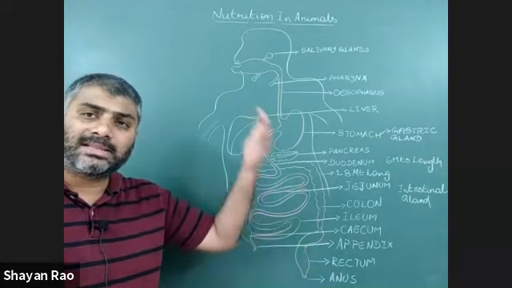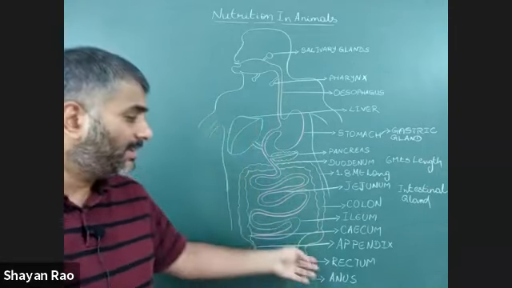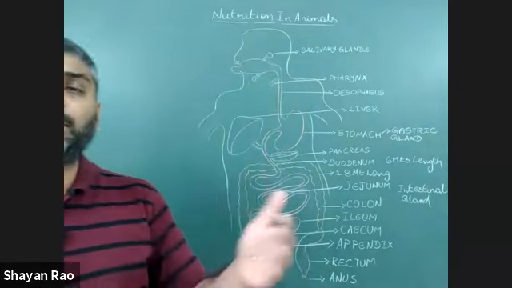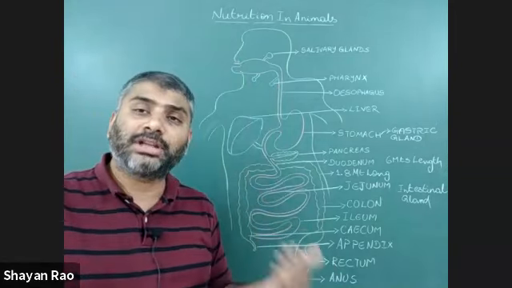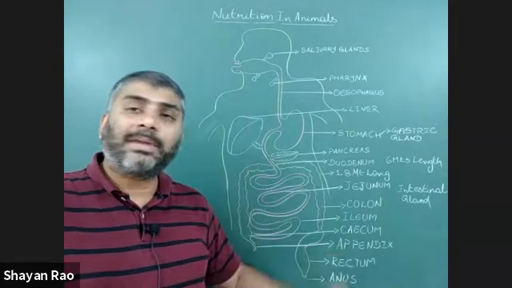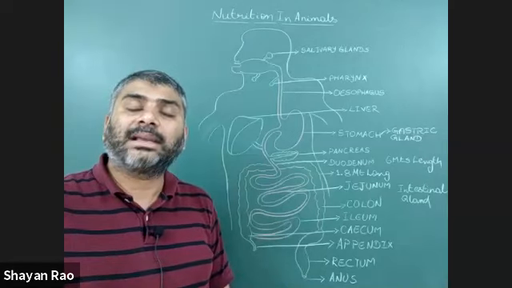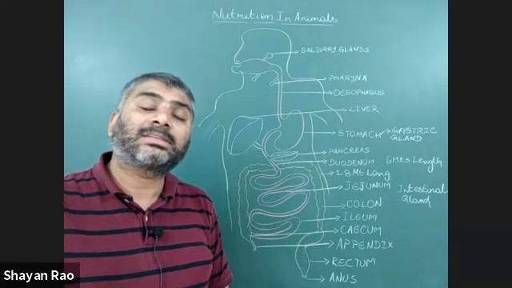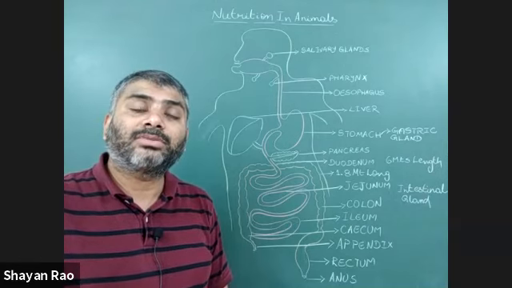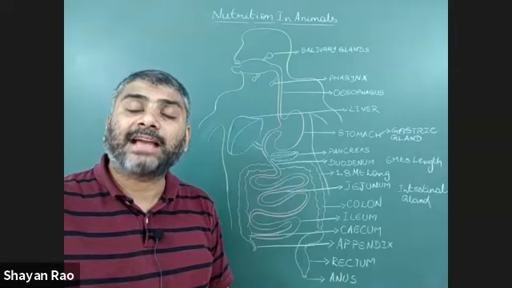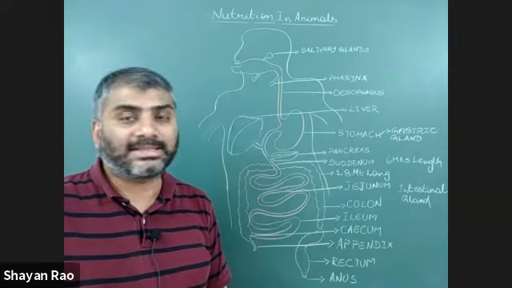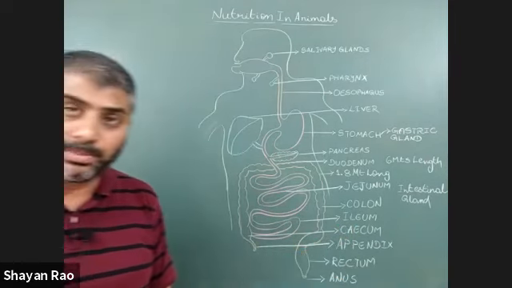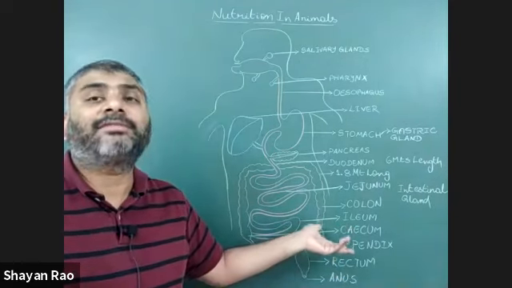Probably some millions of years ago this appendix might have had some importance. Evolutionary study says that the appendix had the capacity of secreting enzymes called cellulase, which was responsible for the digestion of cellulose present in grass and leaves of plants. Now the appendix has no role to play, so we don't have any such function of the appendix.